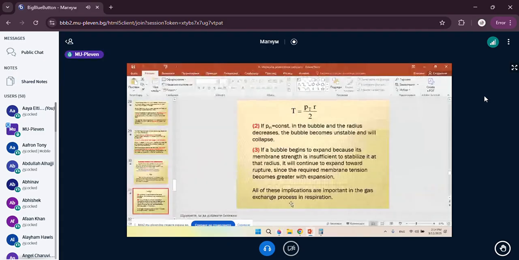So, next, if the bubble begins to expand because its membrane strength is insufficient to stabilize it at that radius, it will continue to expand until rupture. Let us see now in the formula.